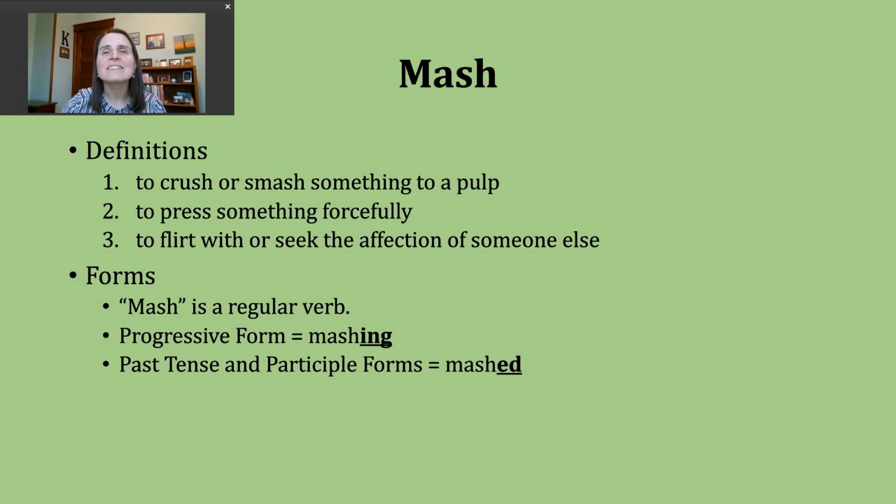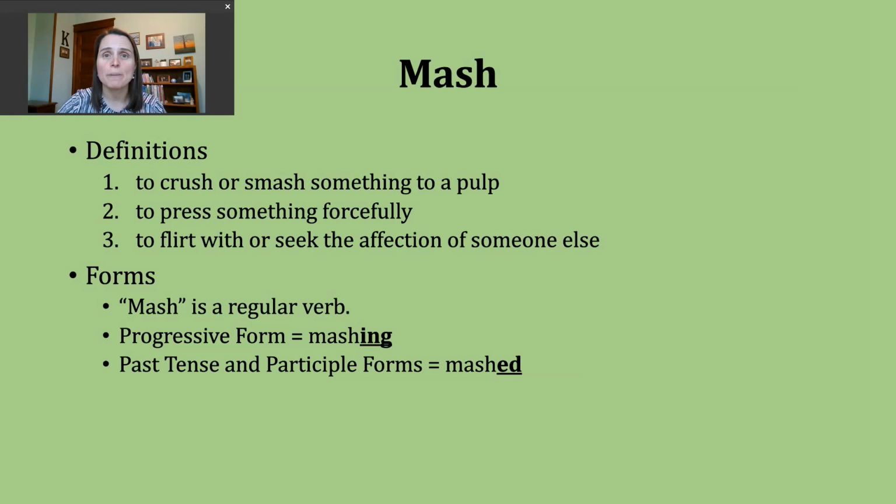But for now, let's talk about how mash is a regular verb. This means to make the progressive form of the verb, all we need to do is add -ing, and that forms mashing. The past tense and participle forms of this verb can be made by adding -ed.